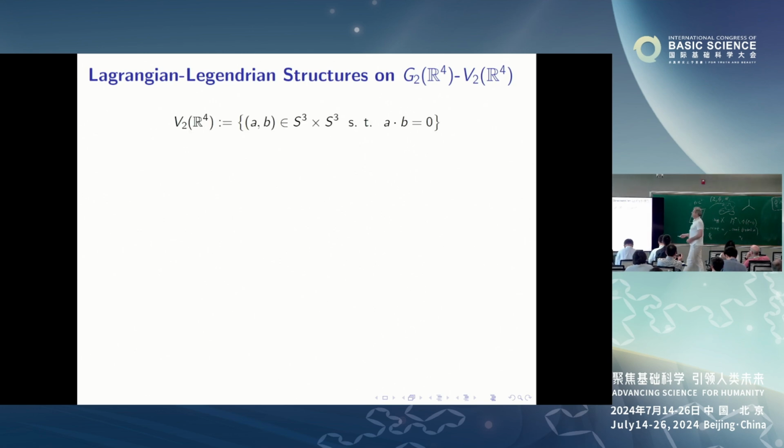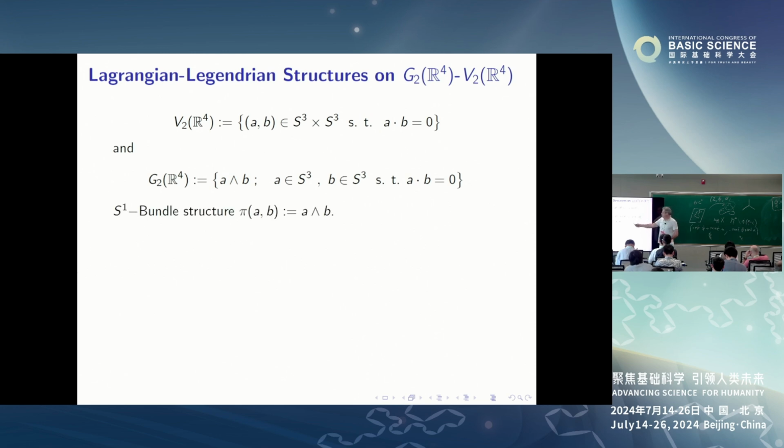Again, the Stiefel manifold is made of pairs of unit vectors which are orthogonal to each other. This is a wedge, so you have some kind of Hopf fibration from here to there by wedging. You just push by wedging the two vectors. And you have a contact form on V2R4, which is this form here.